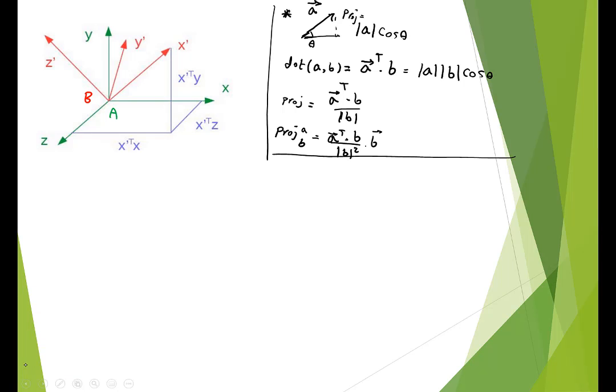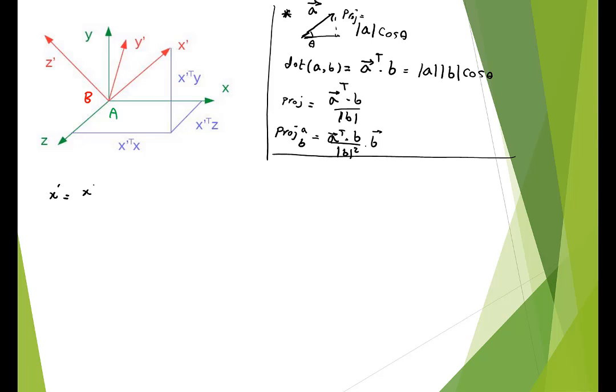Now let's use this to write the rotated coordinate frame B with respect to the initial frame A, writing the principal axes of the red one with respect to the green one. First, the x prime. It has a projection along x.